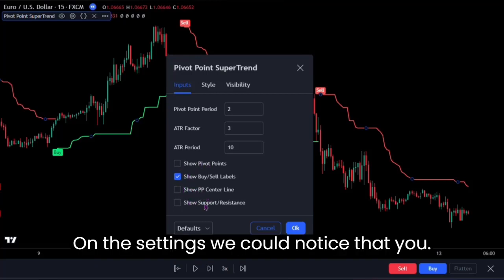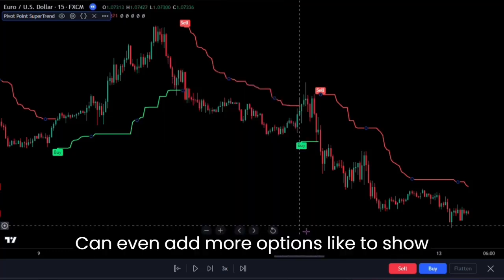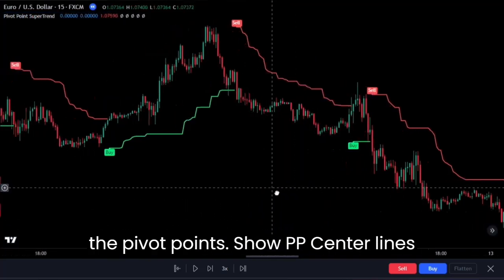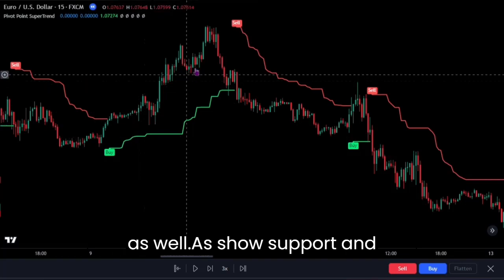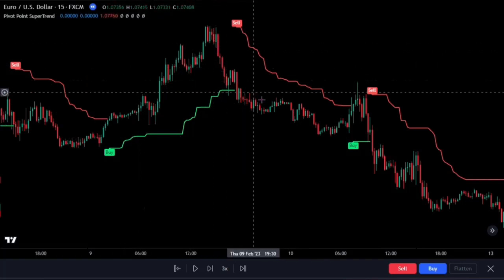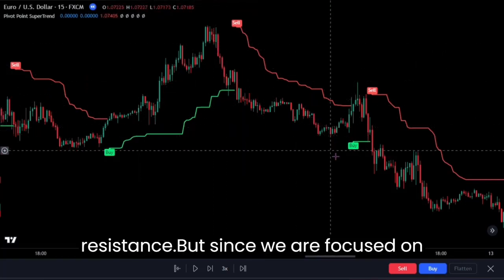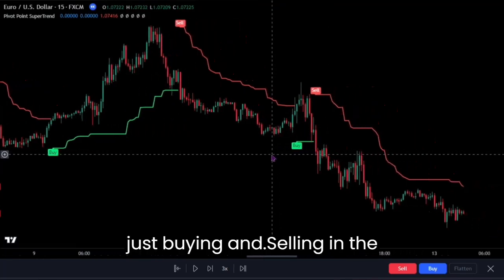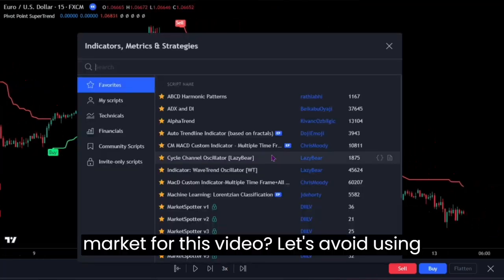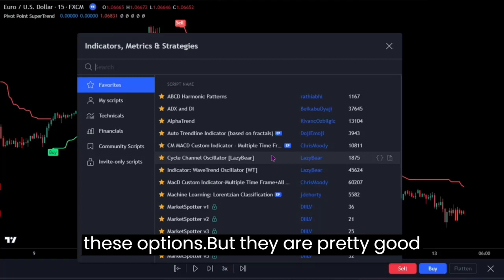On the settings, we could notice that you can even add more options like to show the pivot points, show PP center lines as well as show support and resistance. But since we are focused on just buying and selling in the market for this video, let's avoid using these options.